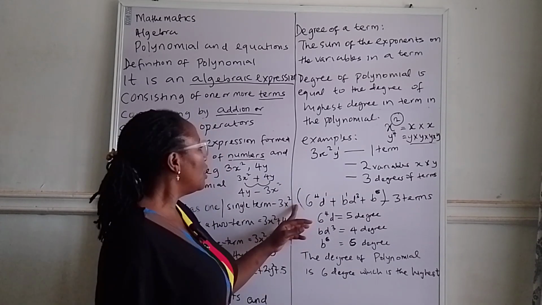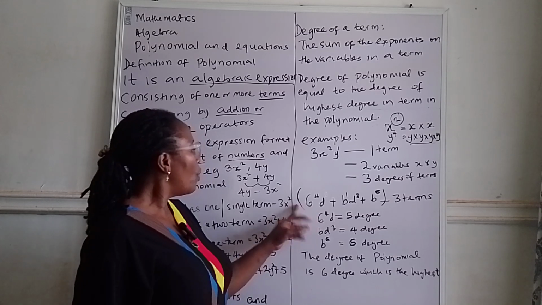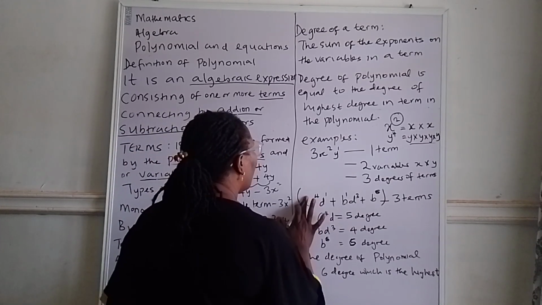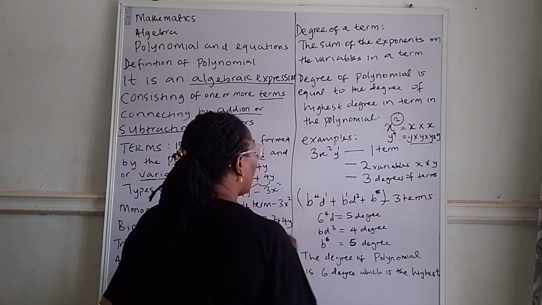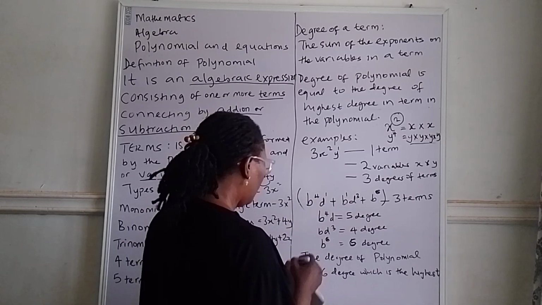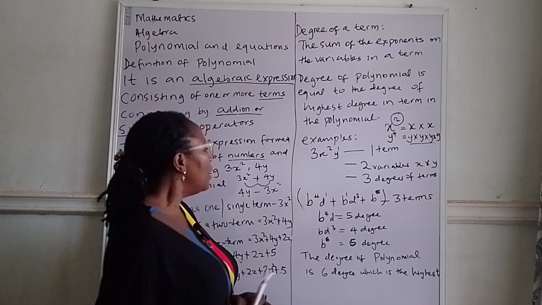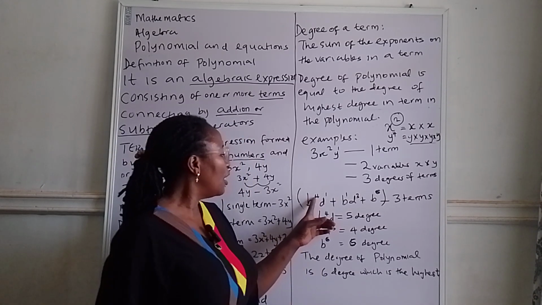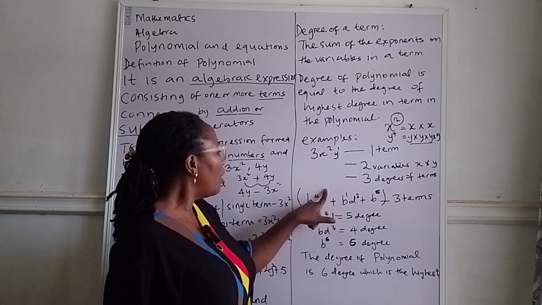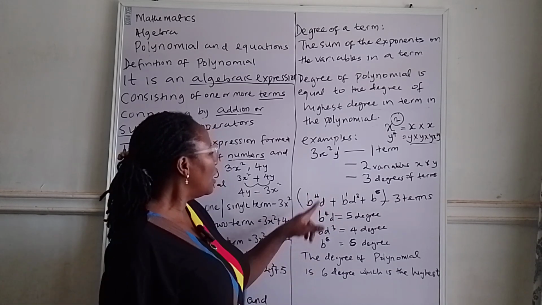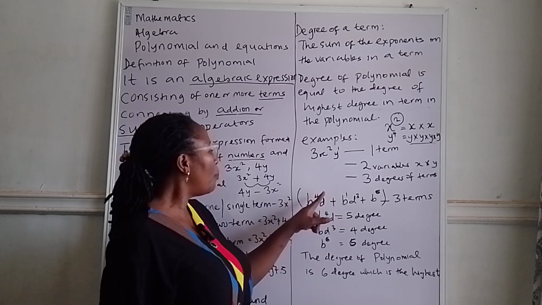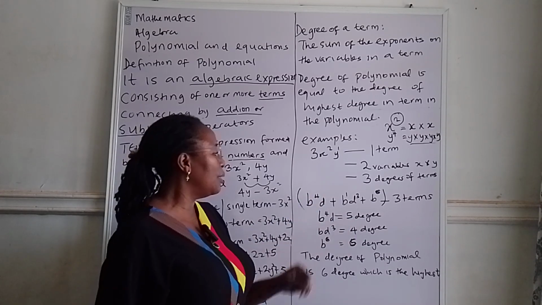In the second example, we see b raised to power 4. How many exponents do we have here? We have 4, and here we have 1. We can remove this, but what it indicates is that it has an exponent of 1. So when you add 4 plus 1, it's going to give you 5 degrees.